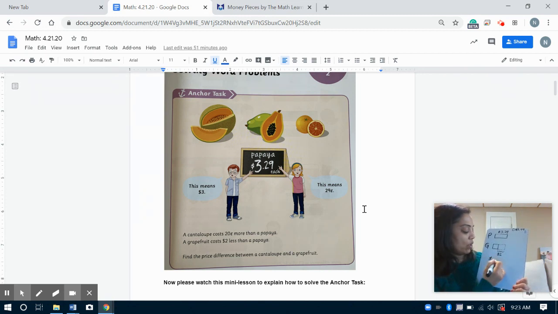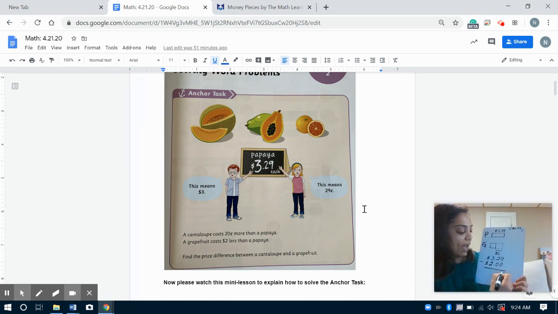So I'm going to do $3.29. That's the papaya. The grapefruit costs $2 less. Taking away $2. Whoops, made a mistake. You can use a dollar symbol. Remember, no cents, actually, that's wrong. Taking away $2, right?